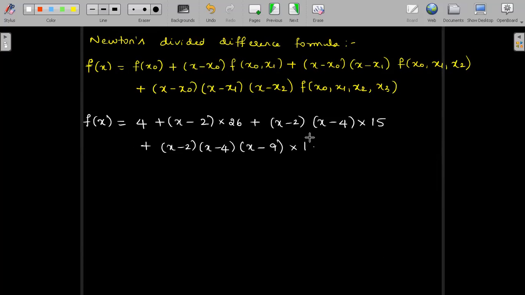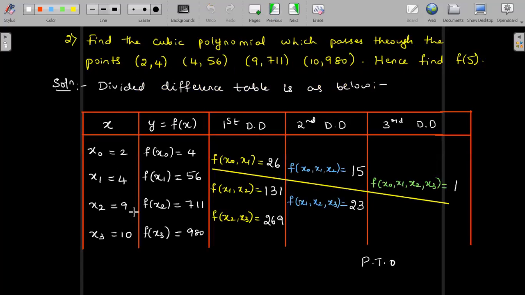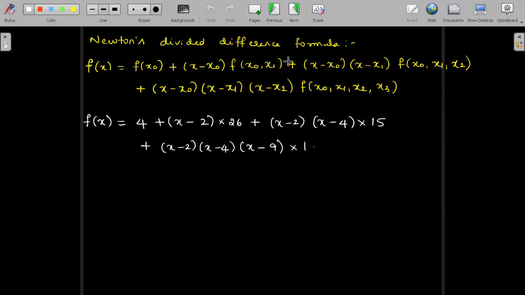So x minus 2 will be carried forward to every term. The next set of values of x was 4 and 9. That is what I have used: x minus 4, x minus 9. Respective values of f of x naught, x1, x2 divided differences are used.